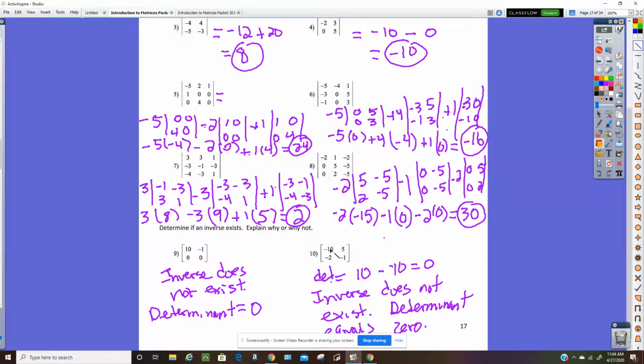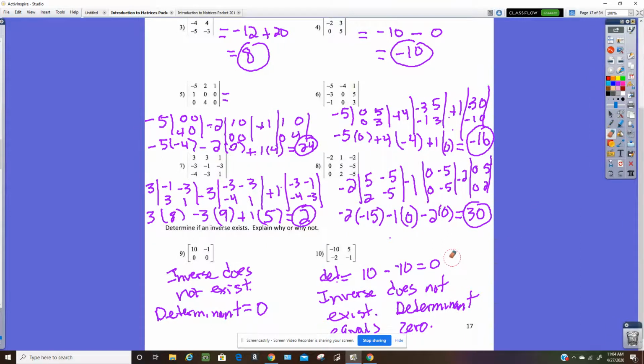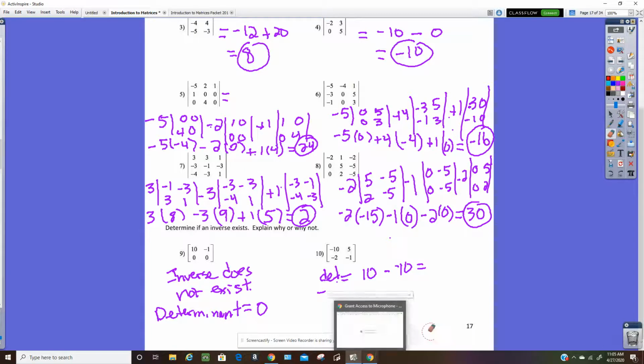And then this one, the product of the diagonal is 10 minus a -10 would be, whoops, there's a mistake here. 10 minus a -10 would be 20. So this should be 20 here. Let's see if I get my pen working here.